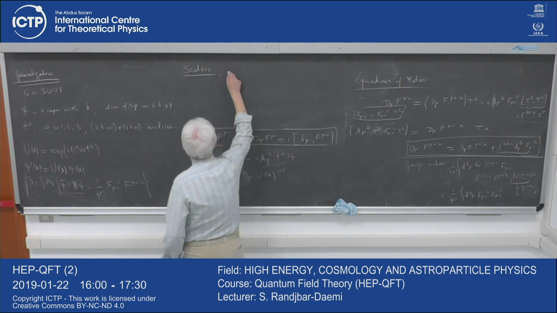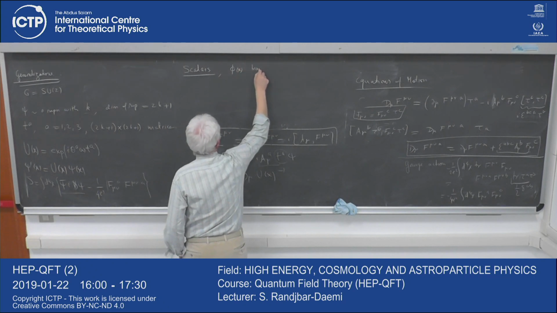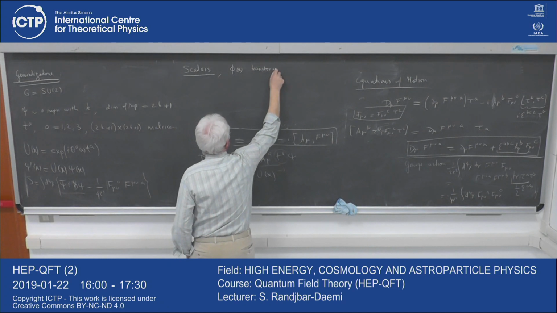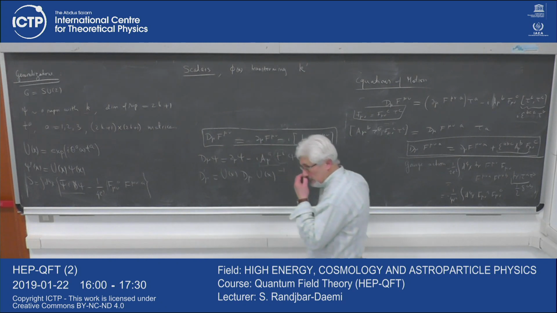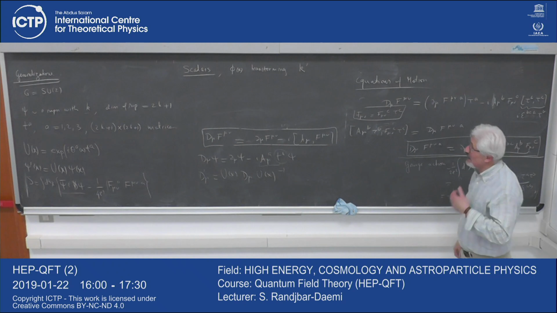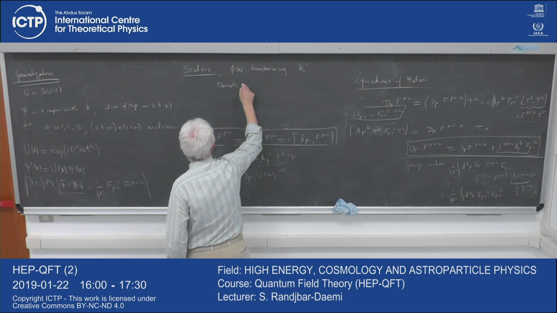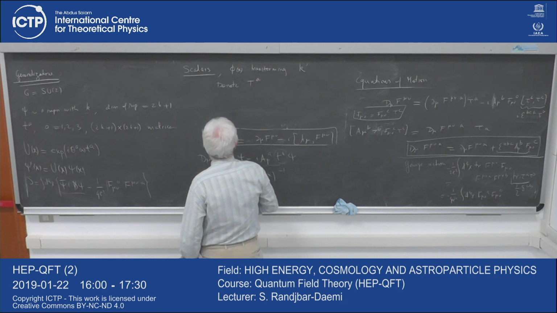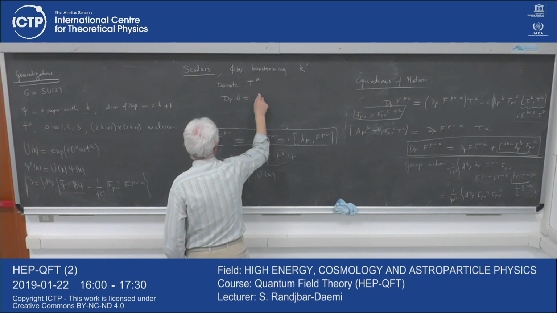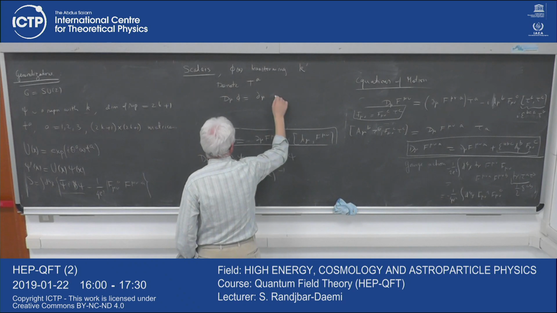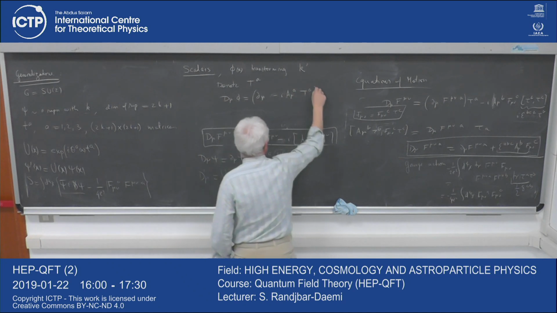So take a bunch of scalars phi, transforming in a representation characterized by k prime. And denote the generators in this representation by capital TA, for example, and then define the covariant derivative of phi as D mu minus i A mu A TA acting on phi.